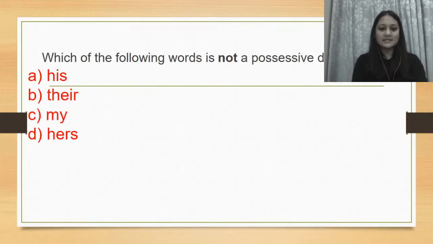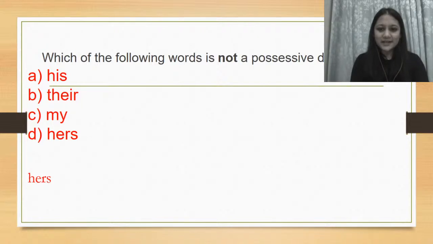Okay. Next. I'm repeating: which of the following words is not a possessive determiner? Is it his, their, my, or hers? That is definitely hers.